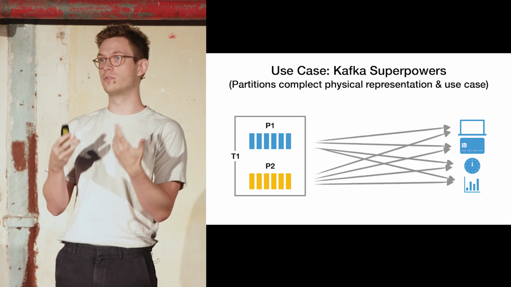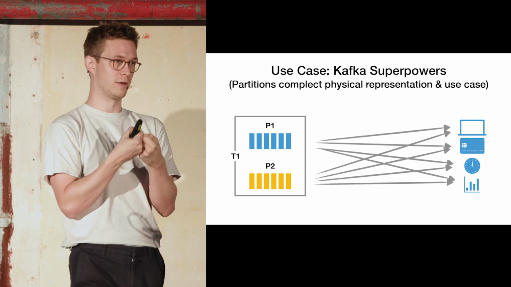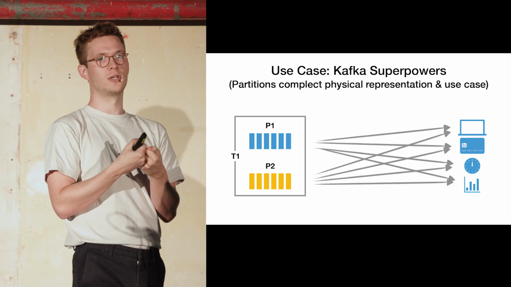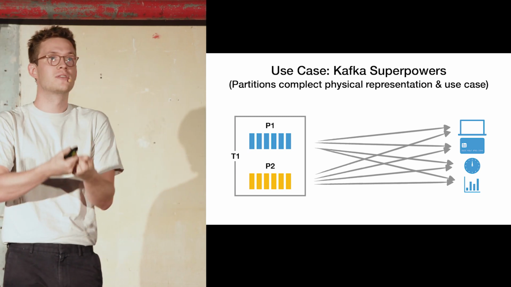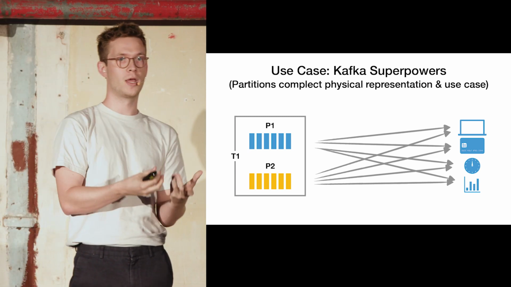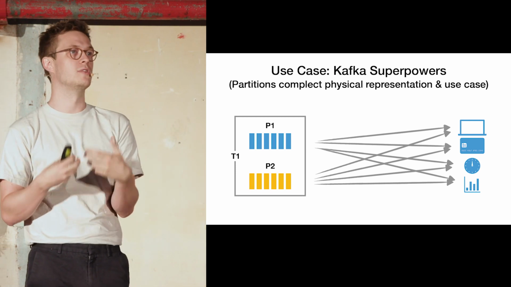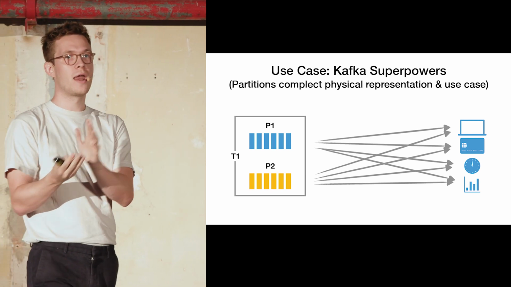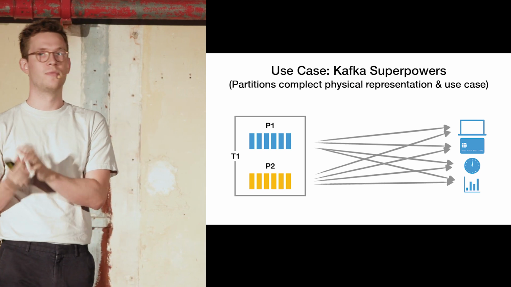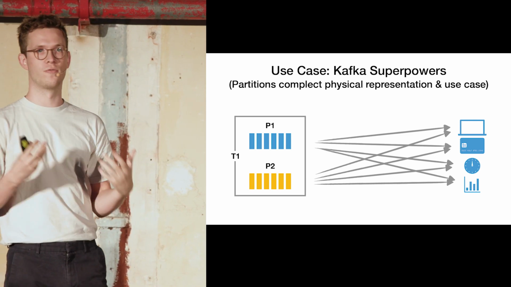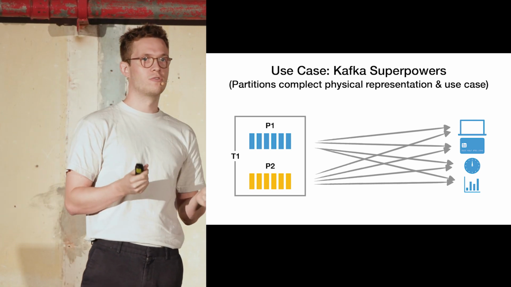However, if you use Kafka, you have a complex physical representation and your downstream use case. You first have to decide in what format your data is in your Kafka cluster, using events, using partitions, and if you then have some downstream system that needs this data in a very special format, you're facing trade-offs, right?